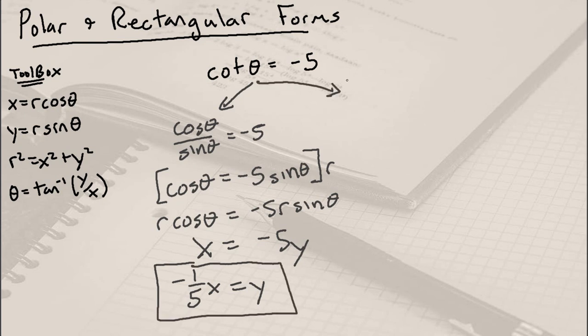I was going to play around with maybe if I switched it to 1 over tangent, could I use this somehow? So I could multiply both sides by tangent, and then divide by -5.